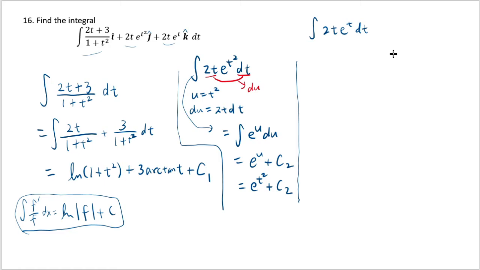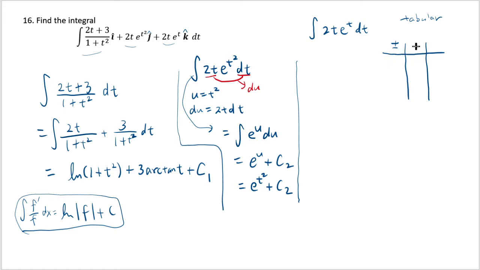So I'm going to show you tabular integration. If you haven't seen tabular integration, please look up my videos on it. You should be able to find some really good lessons on it. And I advise you to learn this one because it's so much better than regular integration by parts.